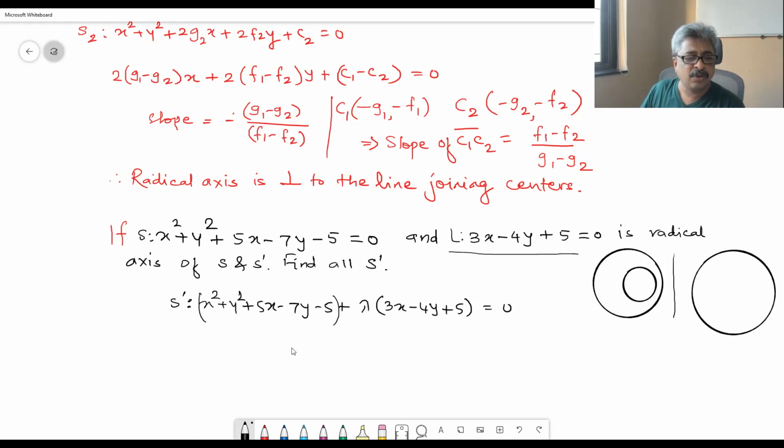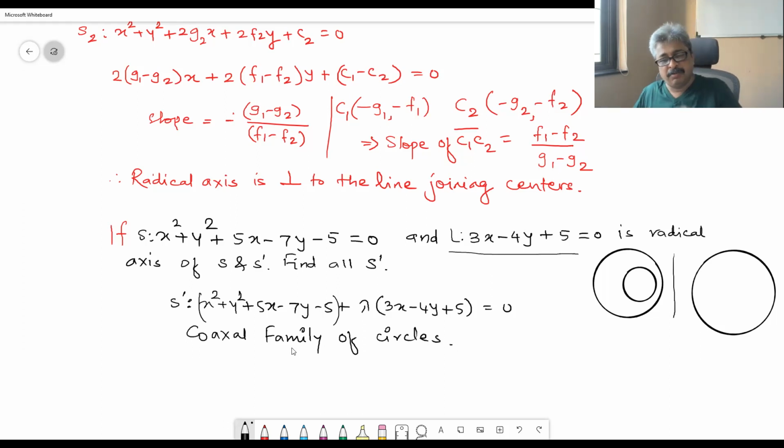Okay, so this is a coaxial family of circles controlled by one parameter lambda. Okay, good.